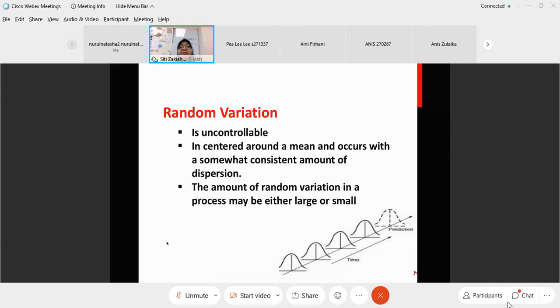Usually it is centered around the mean and occurs with a somewhat consistent amount of dispersion. Right? The amount of random variation boleh jadi besar ataupun kecil. Okay, you look at the picture here. Then tiba-tiba ada variation.